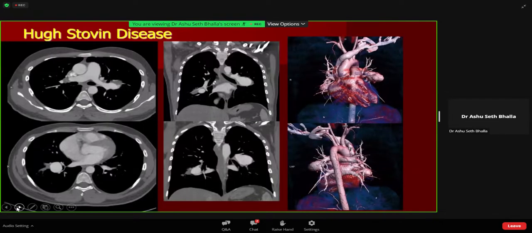So now this is a patient of Hughes-Stovin disease who gives rise to large aneurysms, which involve the segmental branches, sometimes go up to the periphery and involve the subsegmental branches also, but these are fairly large, lobar and segmental branches, very difficult to differentiate from mycotic pseudoaneurysms because patients come with fever.